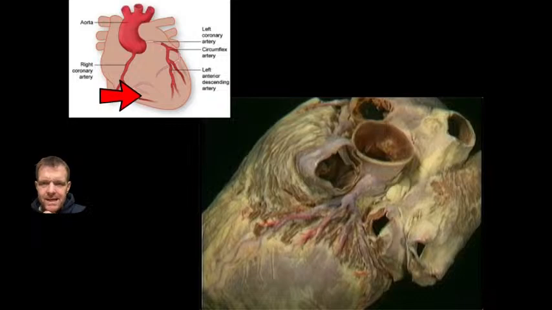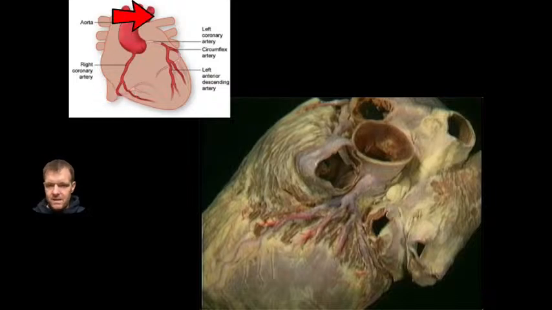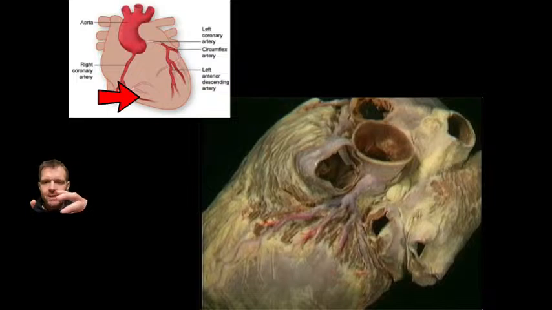Now, because it's down here, it's going to affect this small section of heart. The rest of it will be functioning fine. Okay, so in terms of would you notice it or not? Possibly, but it's one that you could probably get away with, if you know what I mean, because it's not impacting a critical part of the myocardium.